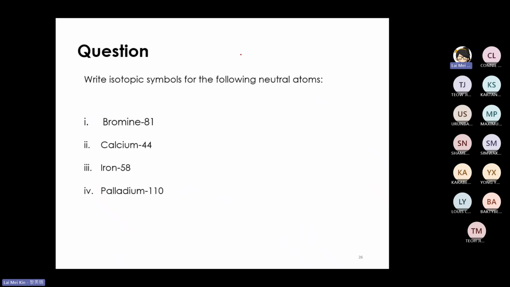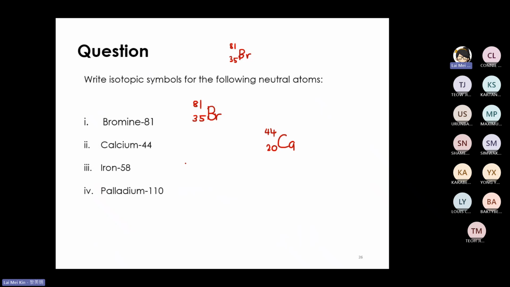Okay, write the isotopic symbols. Isotopic symbols means, for example, bromine 81 and 35, like this. Write the symbol of the element. Try this. I've given you the first one, 81, 35. Calcium, on top is 44, below is 20.